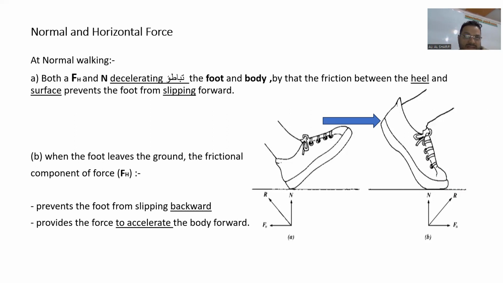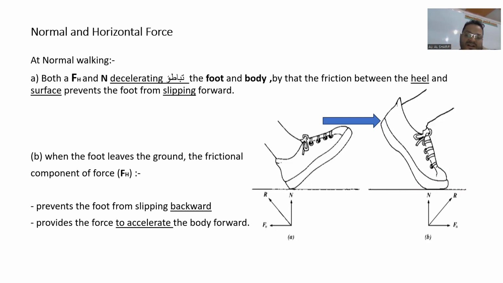Why? Because that has an advantage for our body. I will say that at the last slide. Both the horizontal force and the normal, vertical, force have the same goal, that means to decelerate the foot and body. By that, the friction between the heel and the surface prevents the foot from slipping forward.